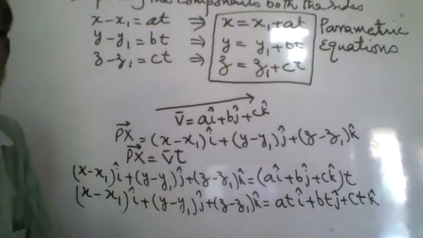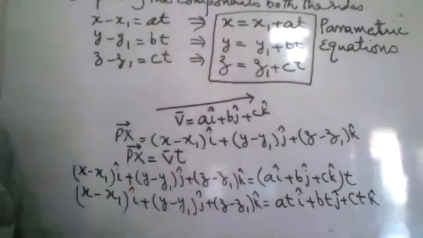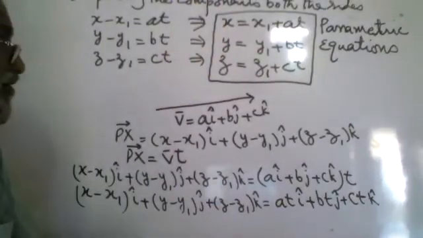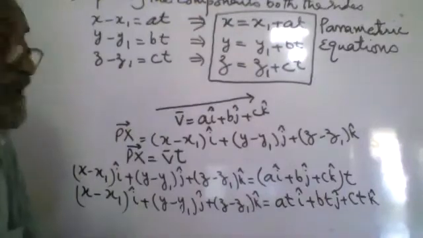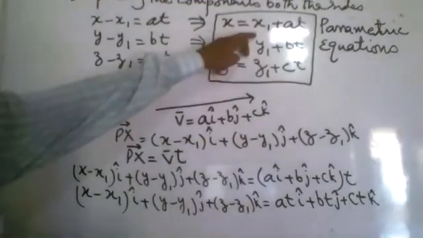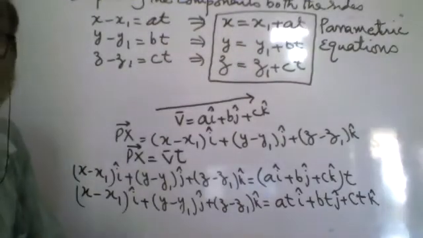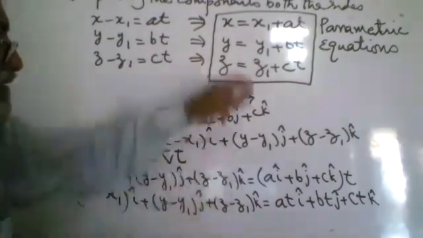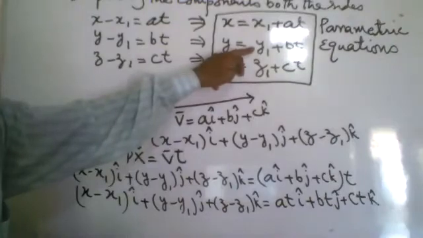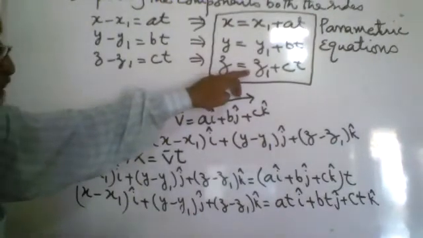So these are called the parametric equations of the straight line. X is equal to x1 plus at, y is equal to y1 plus bt, z is equal to z1 plus ct. So you have to write x. X1 is the x component of the given point. Y1 is the y component of the given point. Z1 is the z component of the given point.